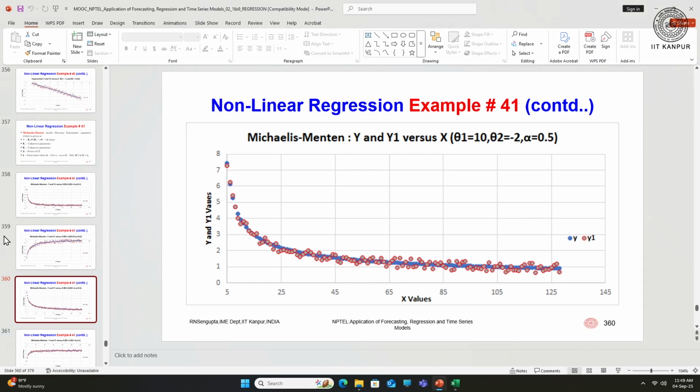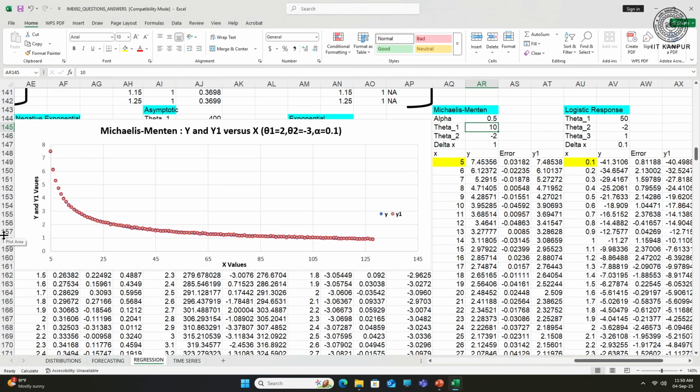Here, in order to show these errors, I have to consider the error concept, since they are almost 0 because they are overlapping. So, let me increase the error so that those error fluctuations would be much more visible to us.